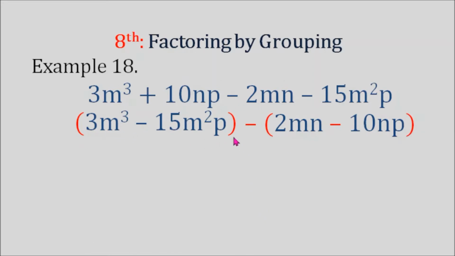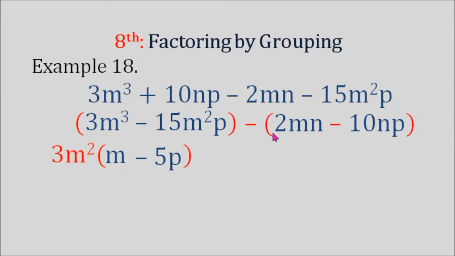Now we are going to factor the first group. So the greatest common factor between 3m cubed and 15m squared p is 3m squared. Now 3m cubed divided by 3m squared is m. Negative 15m squared p divided by 3m squared is negative 5p. Now we are also going to factor the second group.